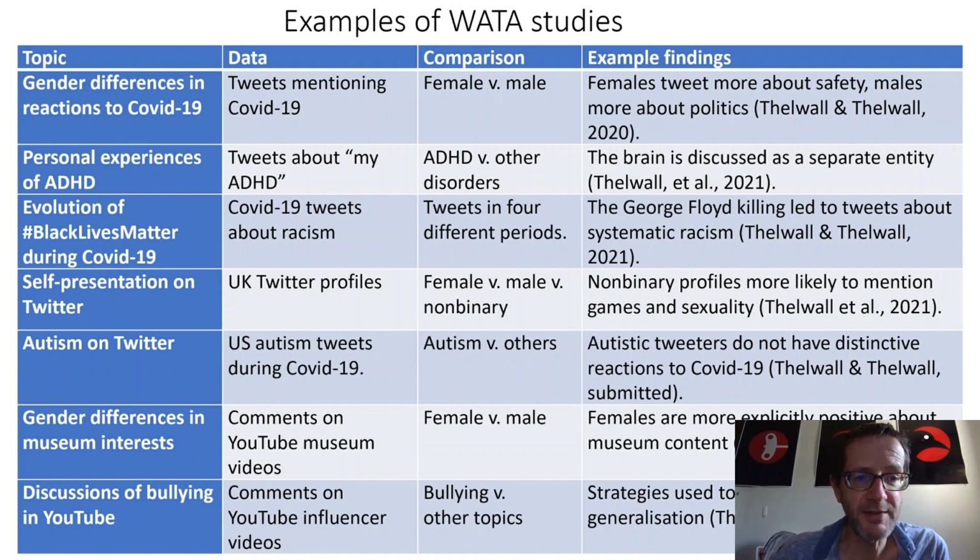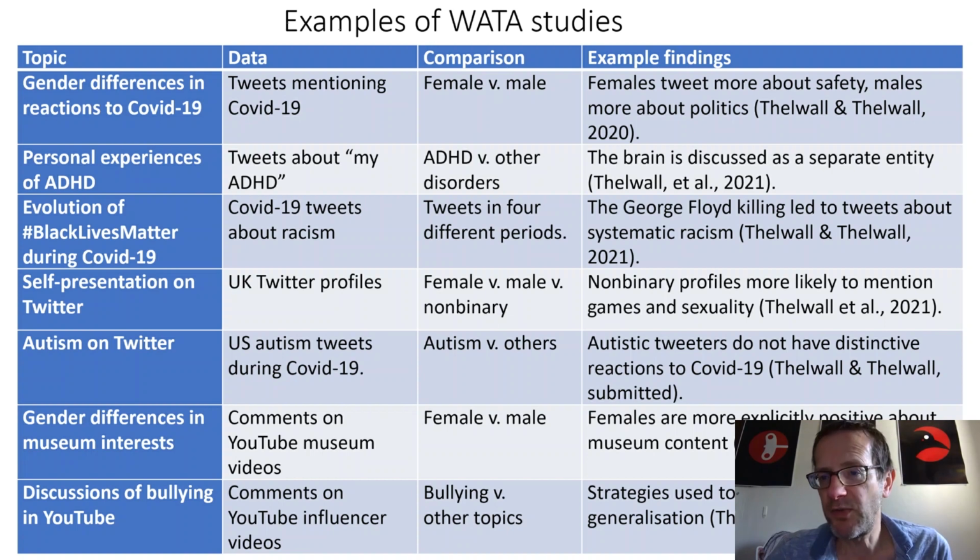Next example, gender differences in museum interests, another gender one. The data from this was a set of comments on YouTube museum videos. These were videos from the 50 largest English language museum channels on YouTube, and we took all the comments on their videos and compared the males against females.